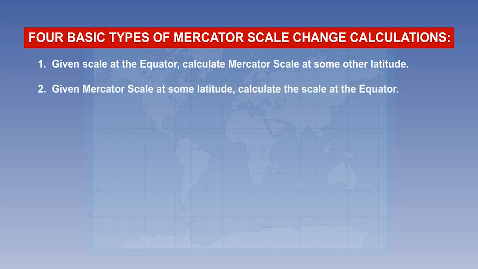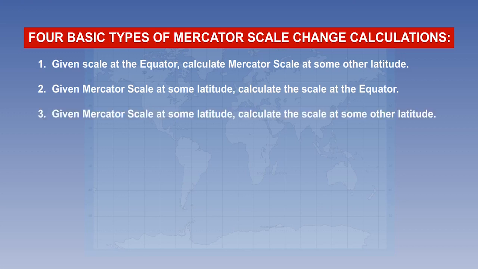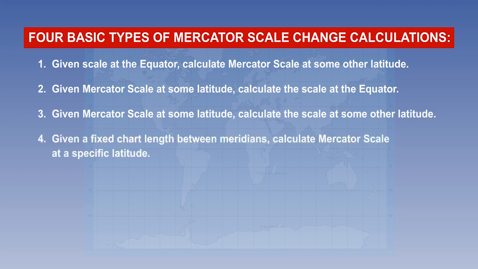Given Mercator scale at some other latitude, calculate the scale at the equator. Given Mercator scale at some latitude, calculate the scale at some other latitude. And given a fixed chart length between two meridians, calculate Mercator scale at a specific latitude.